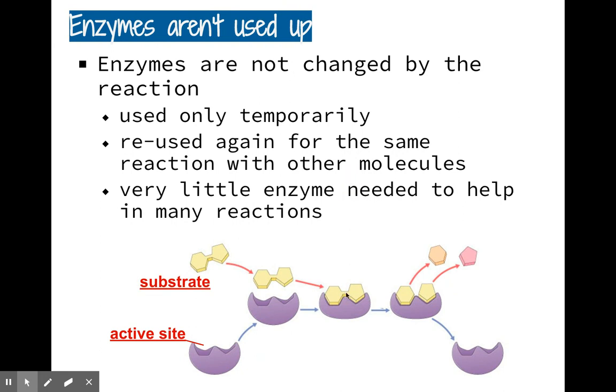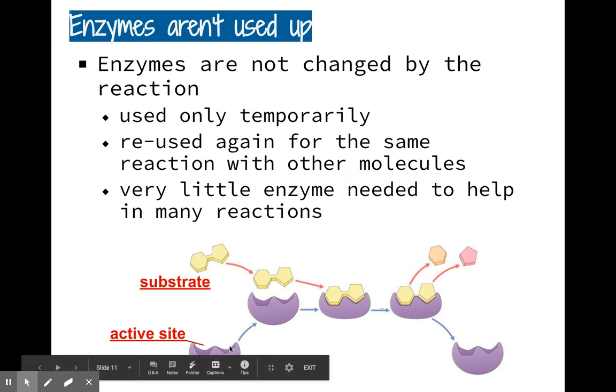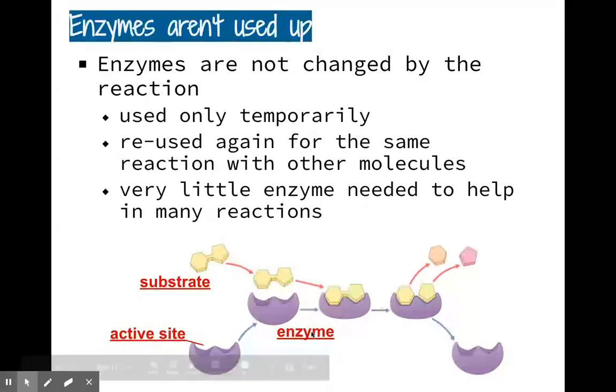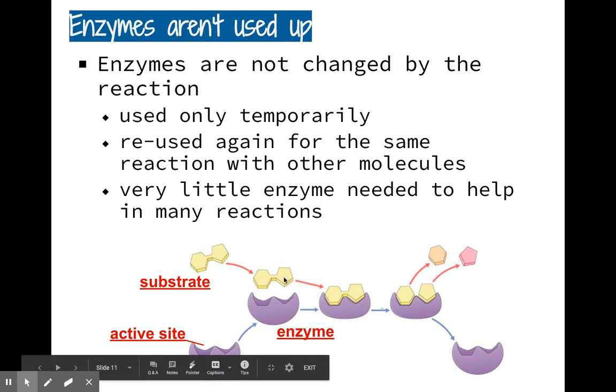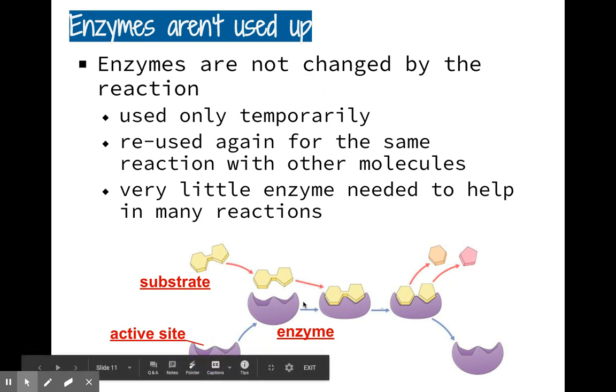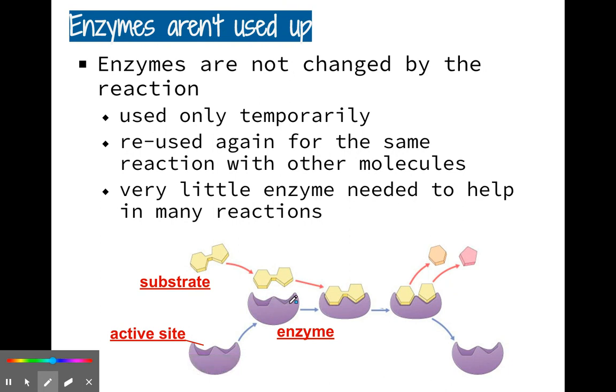So let's take, for example, lactase, and here's our substrate, which is called lactose. The enzyme lactase is going to fit perfectly with the lactose sugar. It's going to bind at this site called the active site.